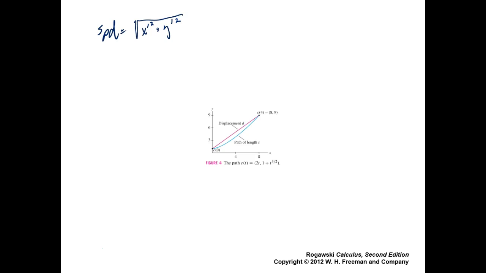Okay, I've really shorthanded it a lot. So what's the first thing you're going to need to do? First, let's identify your x. x is equal to x of t is equal to 2t, and y of t is equal to 1 plus t to the 3/2. I hope I'm reading that right. I think so. What's the first thing you're going to have to do?